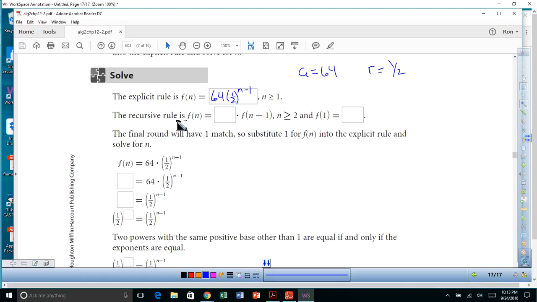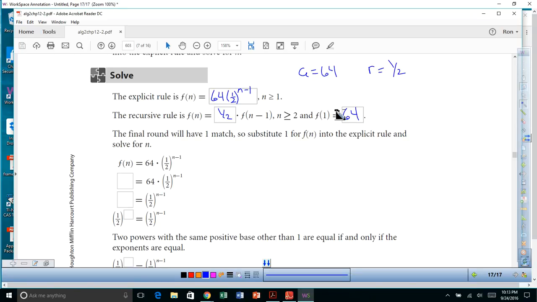The recursive rule is F of N equals 1/2 times F of N minus 1, where N is greater than or equal to 2, and F of 1 is 64.